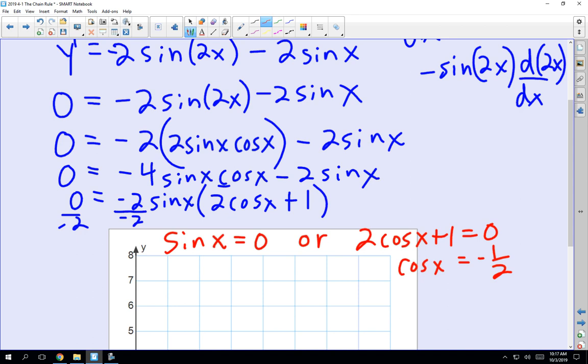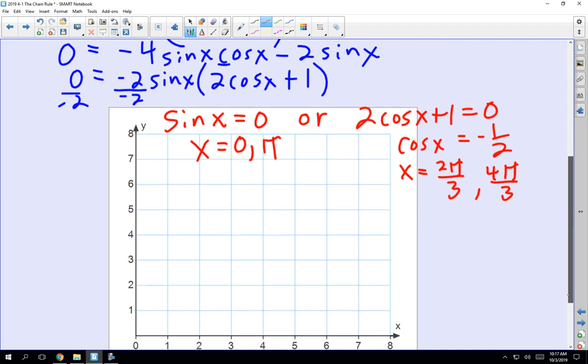Sine of pi over 2 would be 1. So 0 and pi. And where does cosine of x equal -1/2? It's at 2 pi over 3 and 4 pi over 3. So we've found all the values.